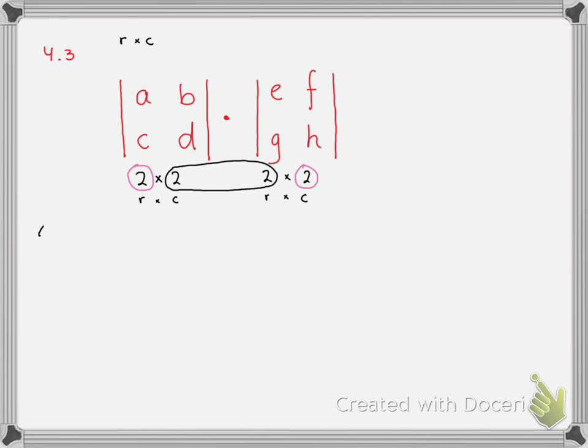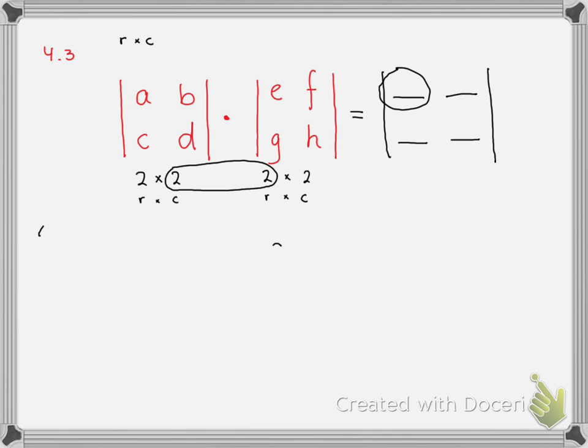So what we are going to do is write down our solution matrix, which will be a 2 by 2 as well. Now, here comes the interesting stuff. If we want to fill in that first entry in our matrix, the upper left, that upper left is in row 1, column 1.